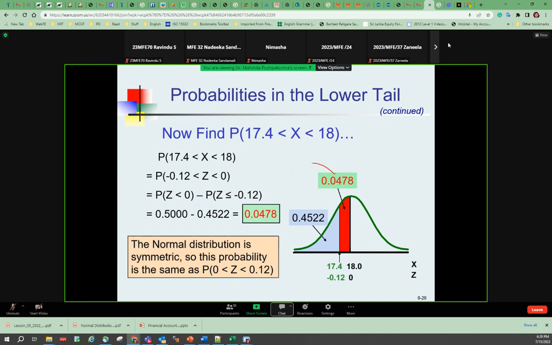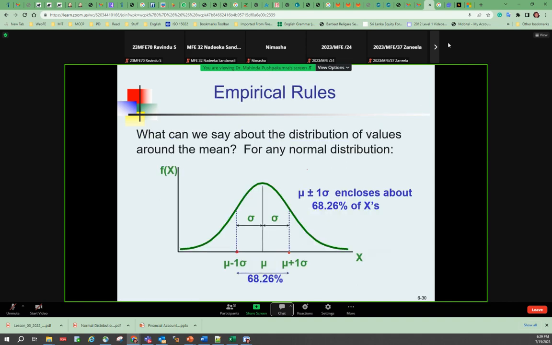Okay, then I'm going. If you have any questions up to this point, you can raise them. The next topic is the empirical rule.